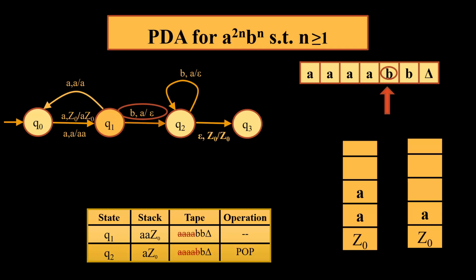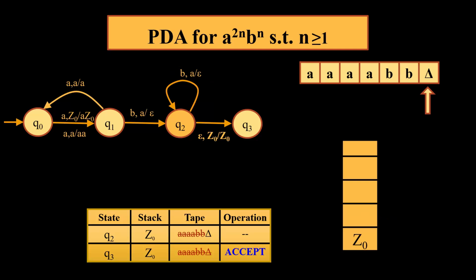So from Q1, there is a state change to Q2 and a pop operation takes place. Corresponding to every B which is read on the tape, a pop operation takes place. There is a loop on Q2. So we pop the next element and we reach the end of the tape.